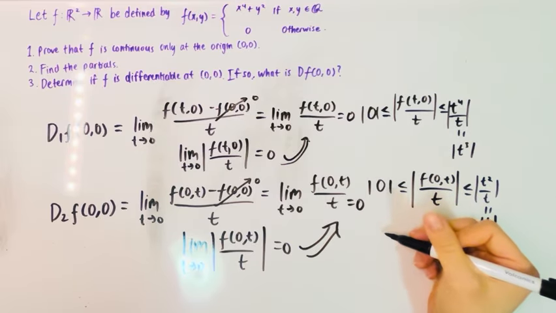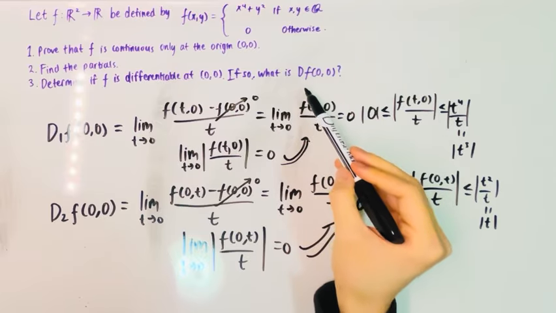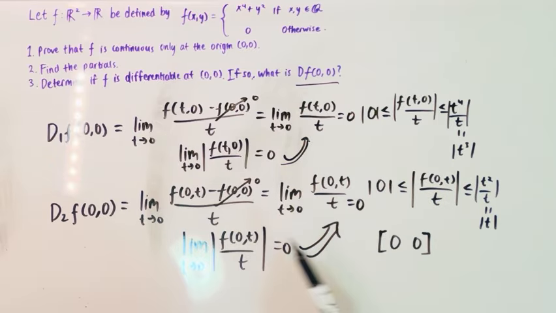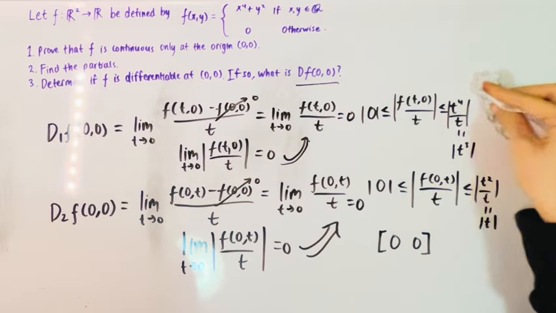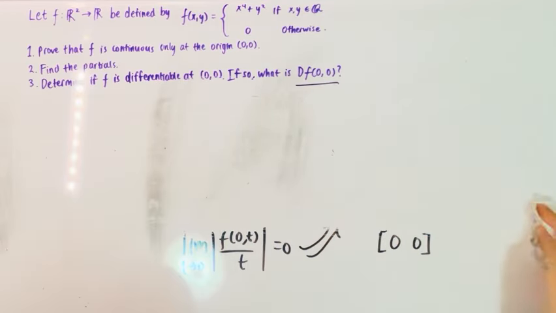So our partials are both 0, and that's going to be our candidate for Df(0, 0). In order to prove that f is actually differentiable, we want to show that our total derivative limit is going to equal 0.